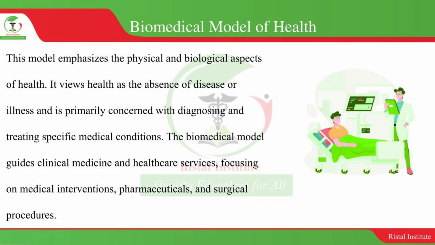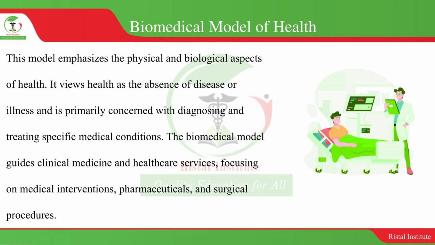So in the biomedical model of health, the doctor is looking for what is disturbing your physiology, whether it is a physiological or an anatomical problem that you are having.